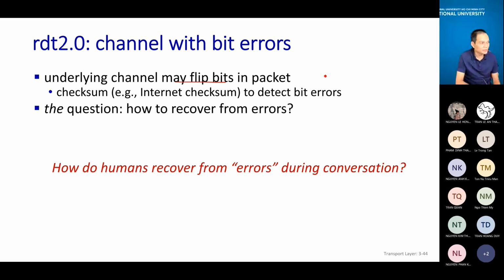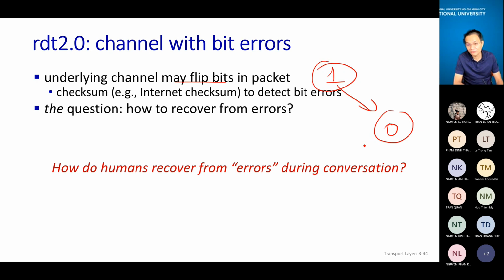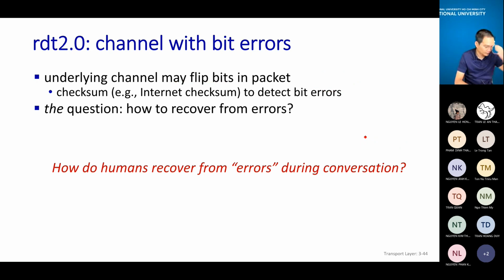What does it mean? It means the original packet bit is 1, but when it's sent and the receiver receives it, it's 0. That is the idea of flip bits.